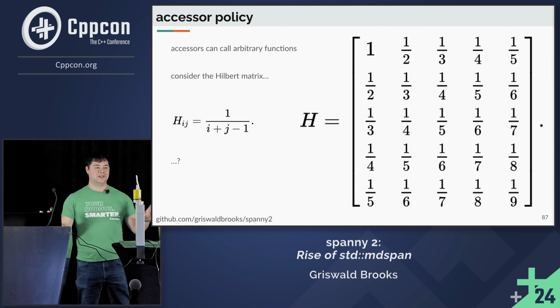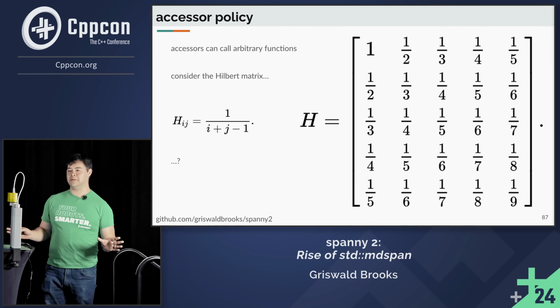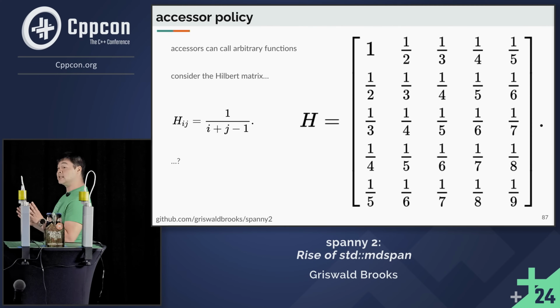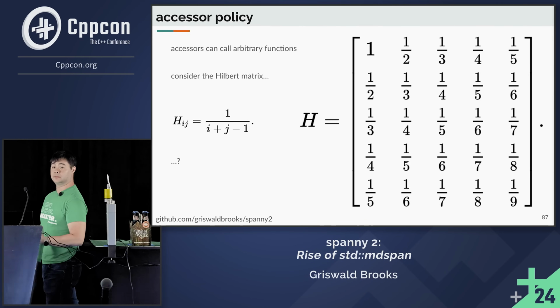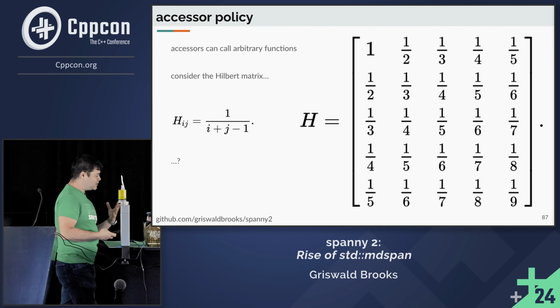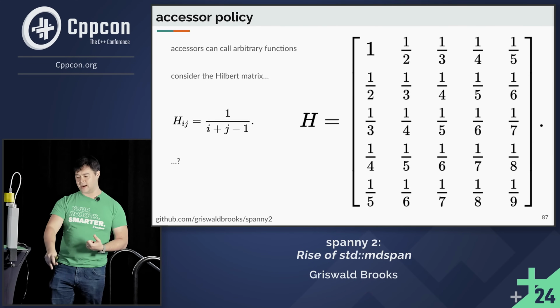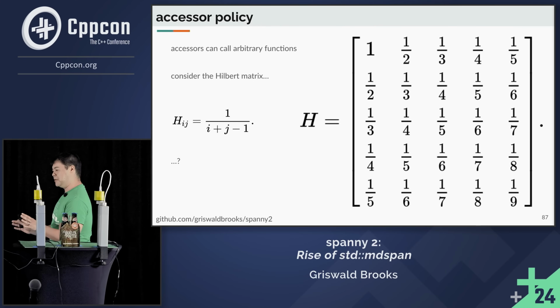All right, so let's talk about a Hilbert matrix. I have no idea what a Hilbert matrix is. I looked this up on Wikipedia. It is not a Hilbert curve. That's a different thing. I tried to figure out what this was used for, and I used to be okay at math, and then they immediately dived into deep linear algebra that I couldn't figure out.